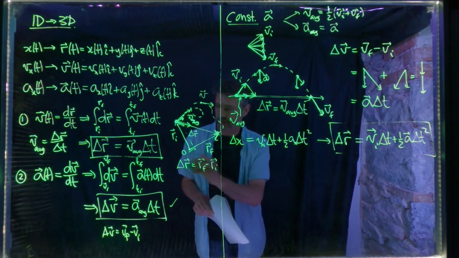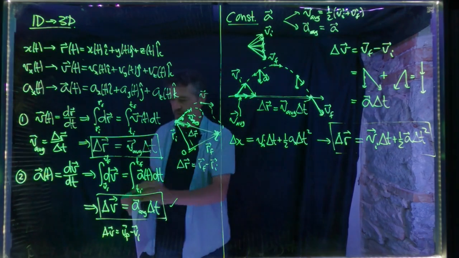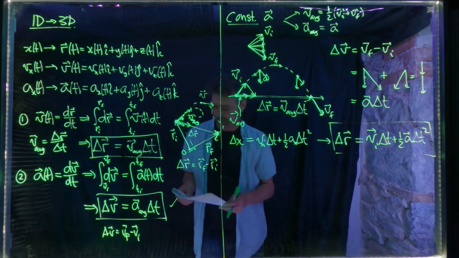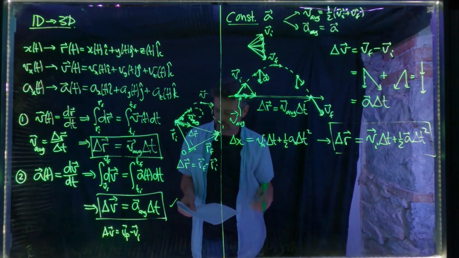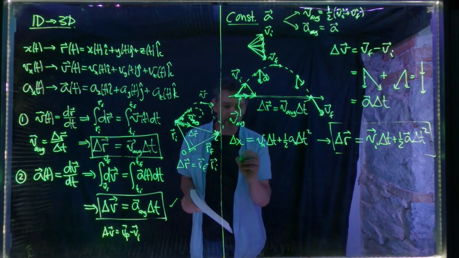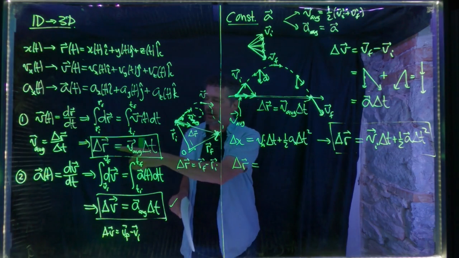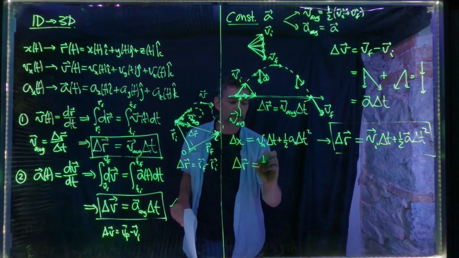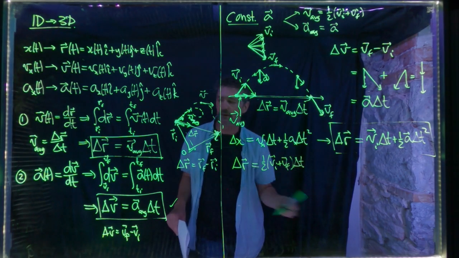Okay, so we have these two equations. Delta r is equal to v average times delta t, and delta v is a average times delta t. So we can play the same sort of game. So we'll say under constant acceleration, delta r is equal to the average velocity, which is 1/2 the initial velocity plus the final velocity, times delta t.